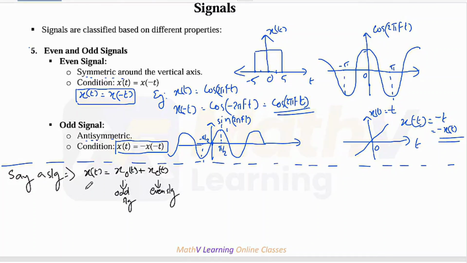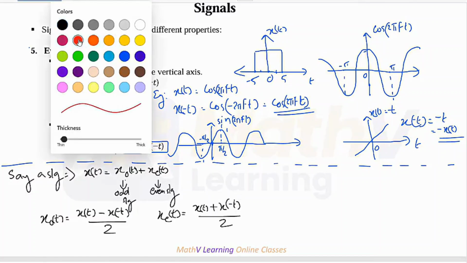Okay, so here we can find the odd component x o of t, which is given as x of t minus x of minus t, by 2. This is the odd signal. And we can find the even signal as x e of t equal to x of t plus x of minus t, by 2.